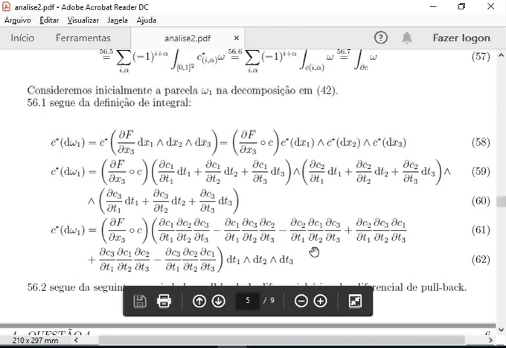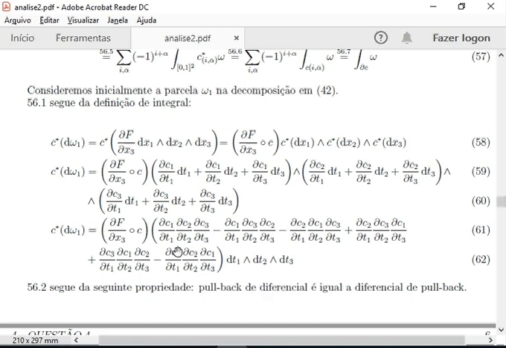Now we're going to apply what? Who is dt1? Who is dt2? Who is dt3? The chain rule? No, it's not the chain rule. It is the distribution rule.